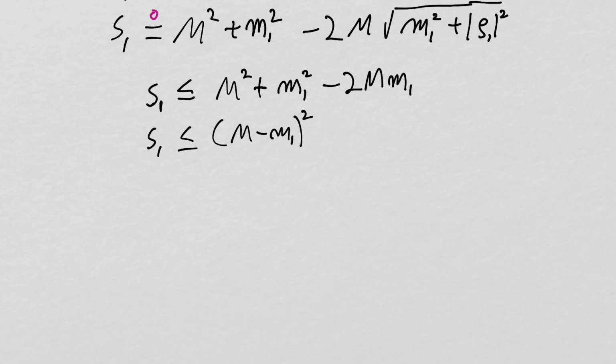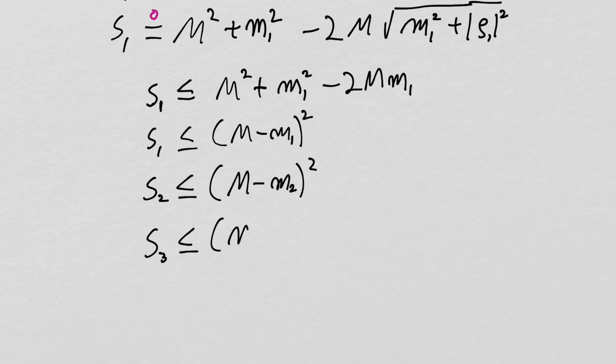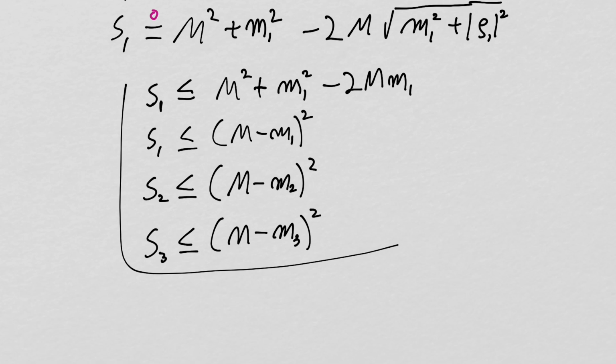Now, likewise, the same calculation is going to give you S2 is less than or equal to (m minus m2) squared, and S3 is less than or equal to (m minus m3) squared. So now we know the maximum values of these three invariants.